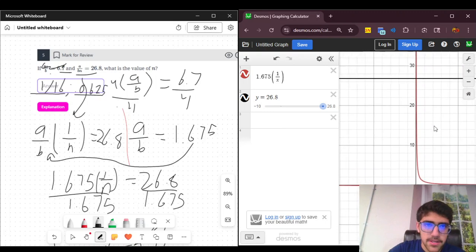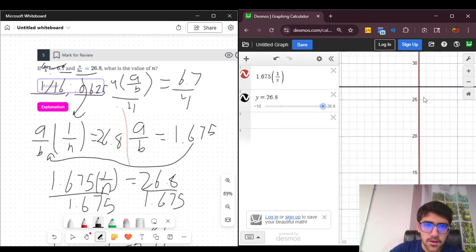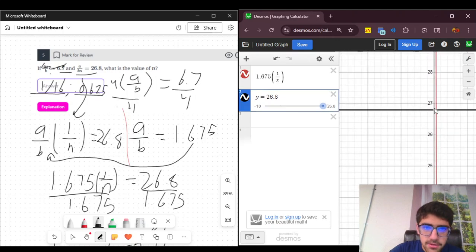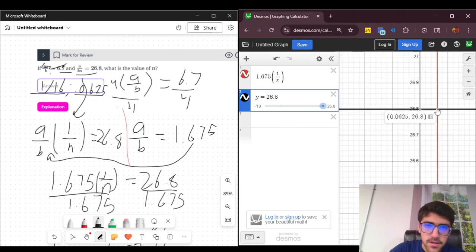So it's going to be up here because 26.8. So right here, you see when I click from afar, clicked on the y-intercept, we want this one. When it intersects the red line, which is this thing, and we set it equal to 26.8, what do we get? 0.0625, which was the answer that we got. So that is how you would solve it for decimals.